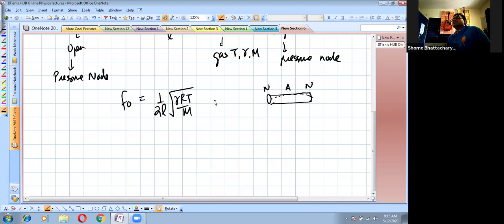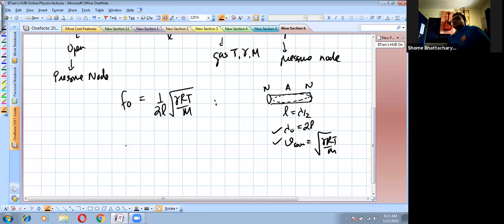So the variation in pressure looks like this. So using this and this we get this formula for fundamental.